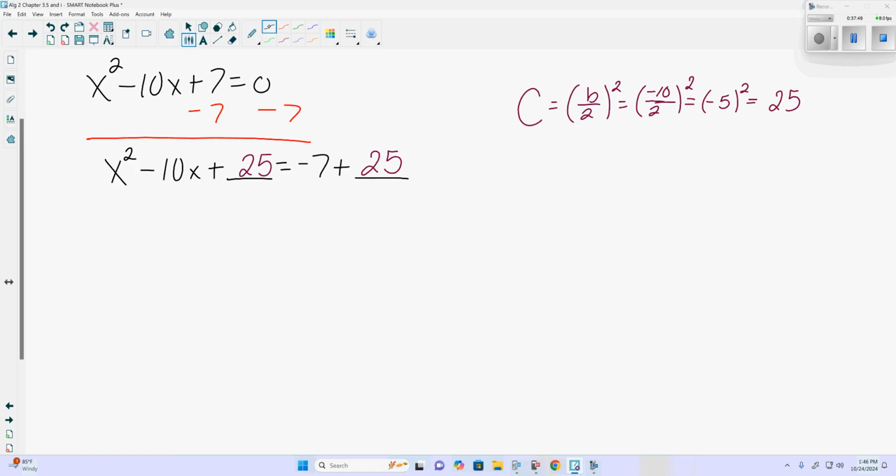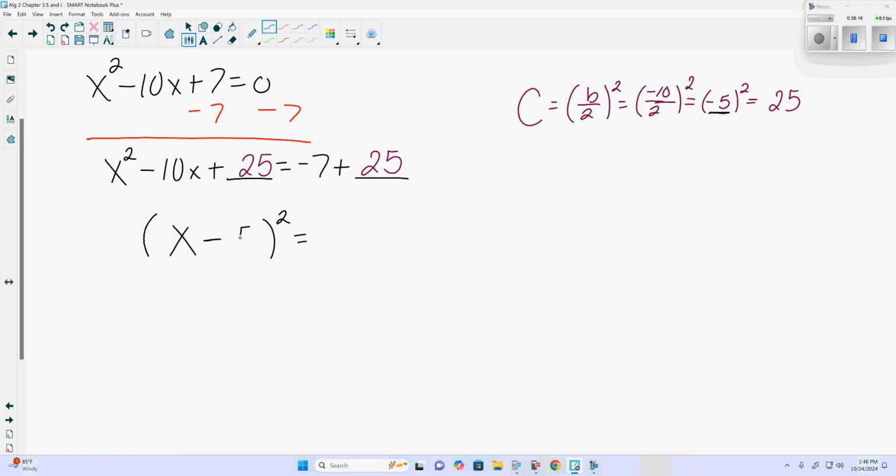Our next step is to factor the x squared minus 10x plus 25 into a single set of parentheses being squared. So we'll have our parentheses, we'll have x. The number and sign of what goes inside this parentheses is the same as the number and sign of what's inside our parentheses before we square it.